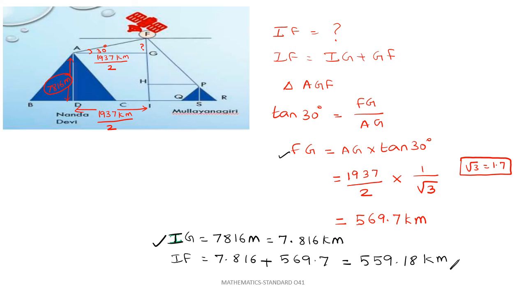So this is the correct answer children. So be very careful with this conversion. Otherwise totally you will get different answer. Instead of 7.816, if you wrote 7816, imagine your answer. Then the satellite will be too far from where it cannot see the mountain only.